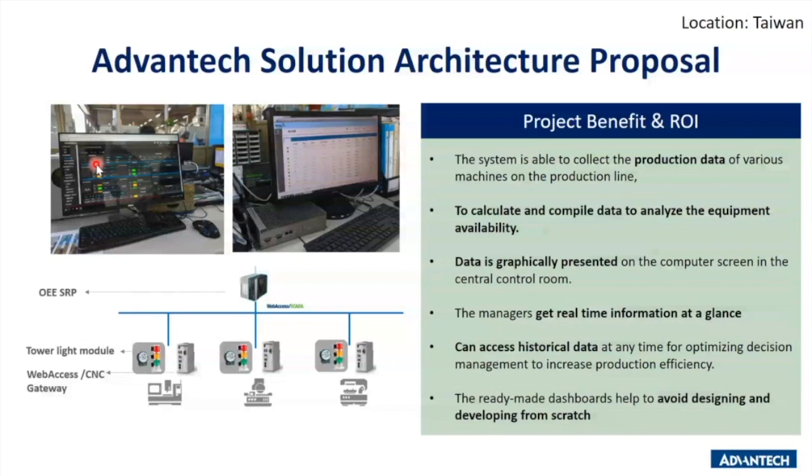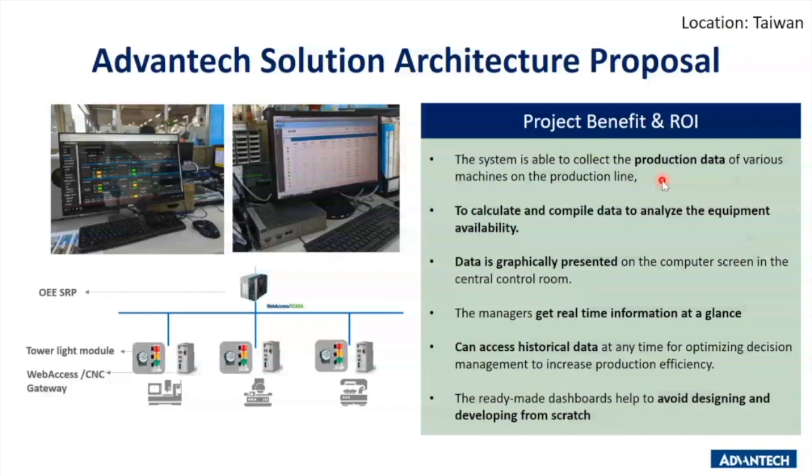About the project benefit and ROI, the key point is that they are now able to collect the production data from various machines on the production line. They're able to calculate and compile the data to analyze the equipment availability. And the best part is that the data is graphically presented on the screen in the central control room, where the key engineers and managers can all access it.